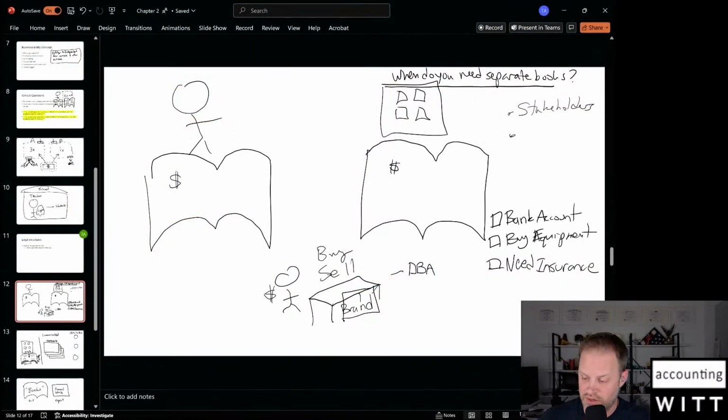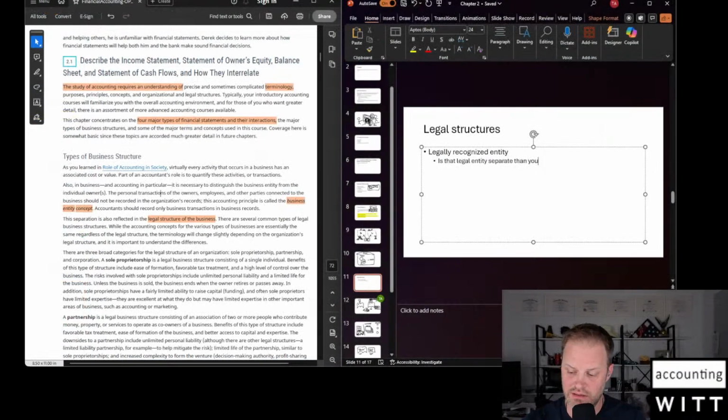So coming back over here, you can have a business books, that's a separate set of books than you, but still legally you're the name on the books. You're the one that's on the insurance policy. You're the one on the contract.